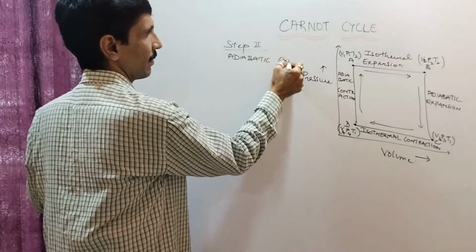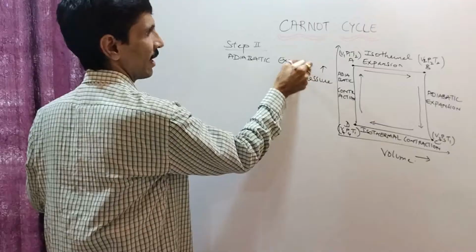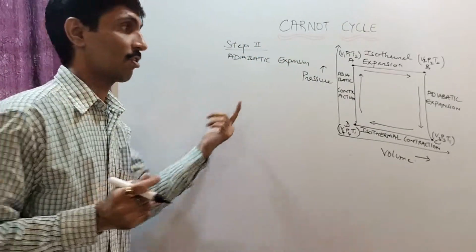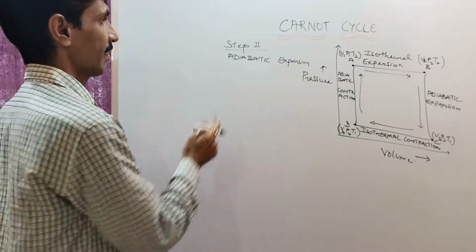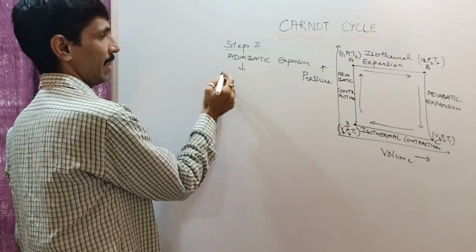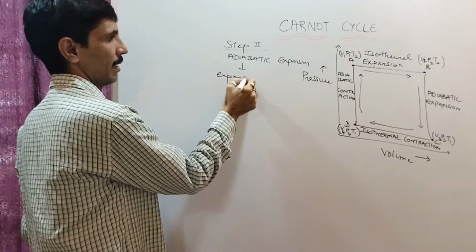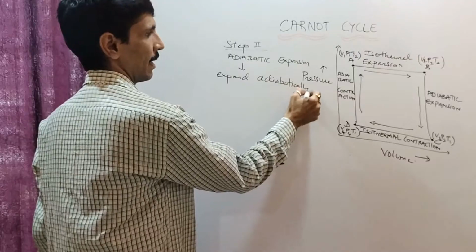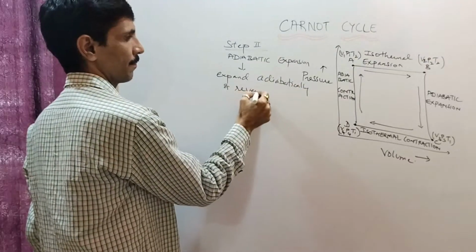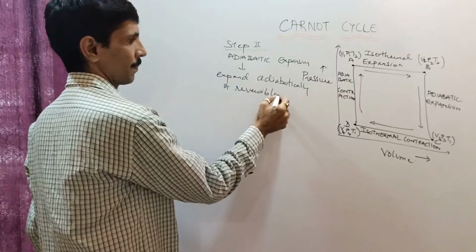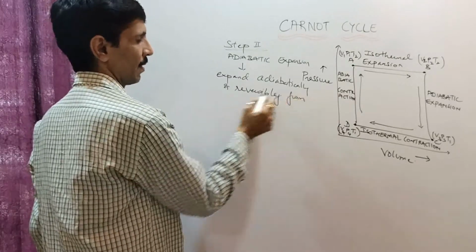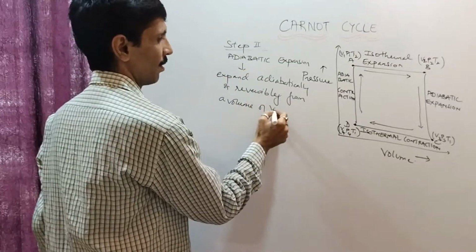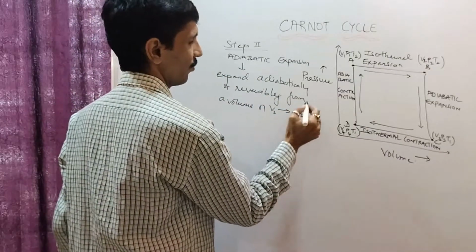So the gas is going to be placed in an insulator, as a result of which there is no exchange of heat, and I am going to allow it to expand adiabatically and reversibly from a volume of V2 to V3.